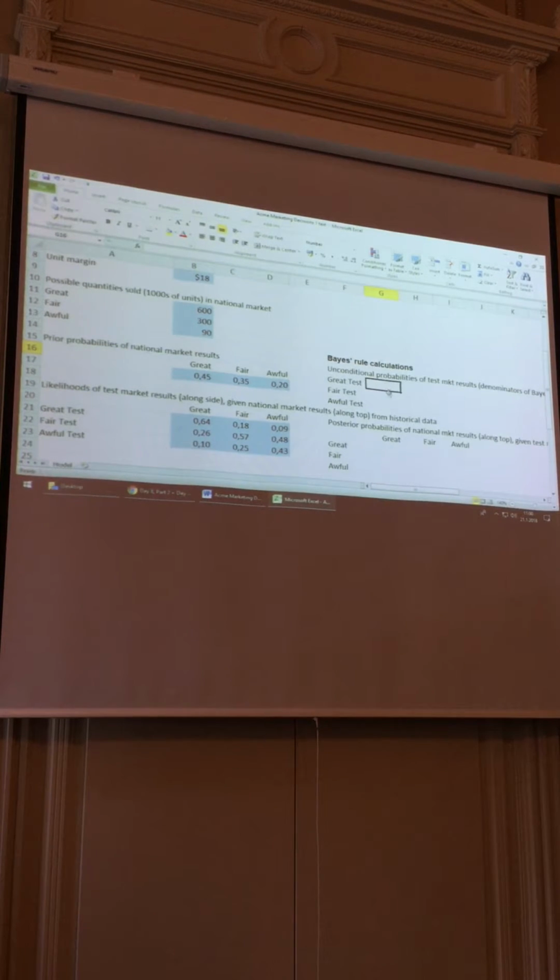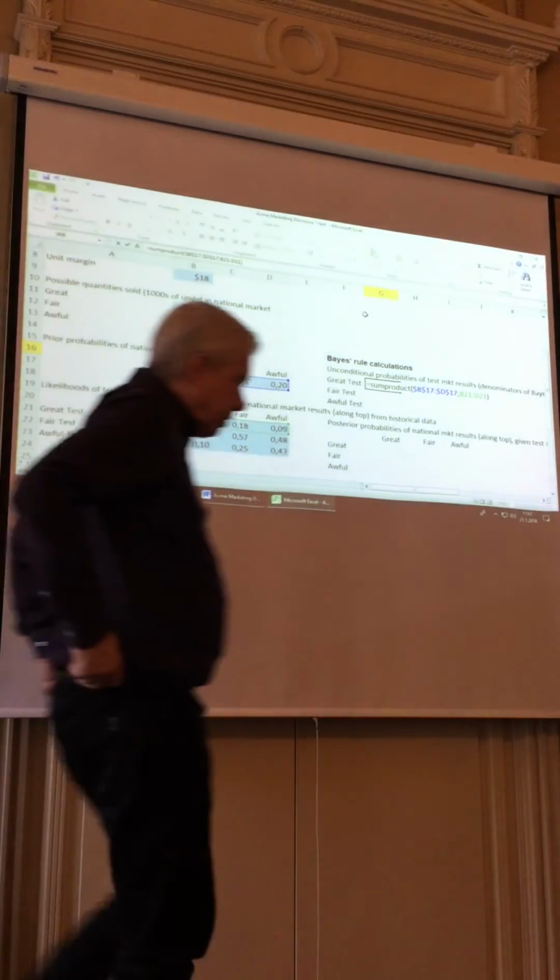We did this yesterday in the drug example, but it wasn't totally clear. So let's run this sum product, and you got to make sure you anchor these. What did I do wrong? Oh, forgot the parenthesis. You got to make sure you anchor these, but not these.